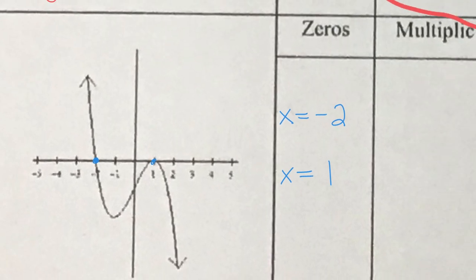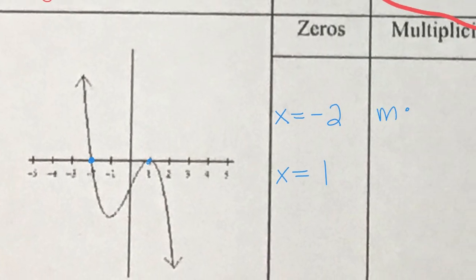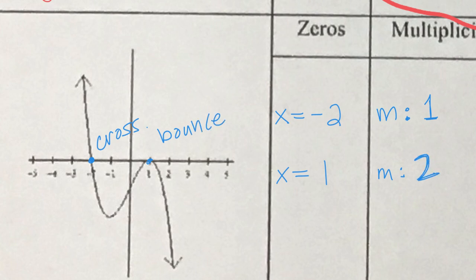Now, what about the multiplicity? Because the graph crosses, right, that's a crossing normally. This has a multiplicity of 1. And where x equals 1, what is the graph doing at the x-axis? It is bouncing. And a bounce means we have a multiplicity of 2.